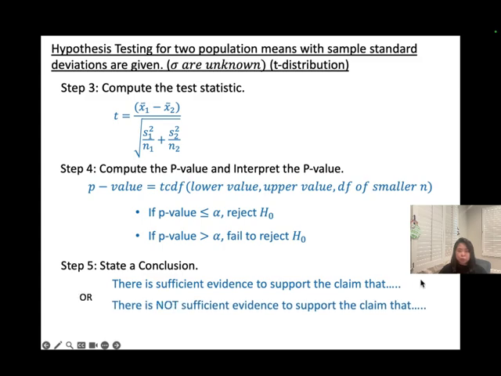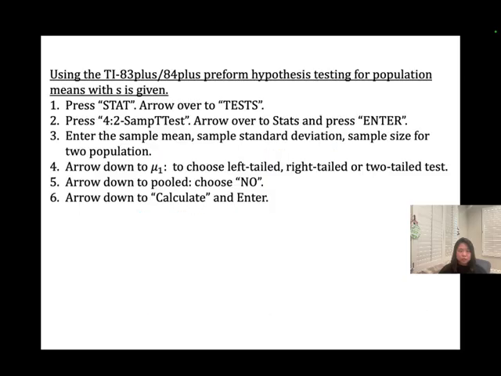If it's a fail to reject, then you're going to state there is not sufficient evidence to support the alternate hypothesis. Okay, this is the step for you guys on how to use your TI-84 calculator to perform the hypothesis testing for the population mean. And again, with s given, sample standard deviation is given.